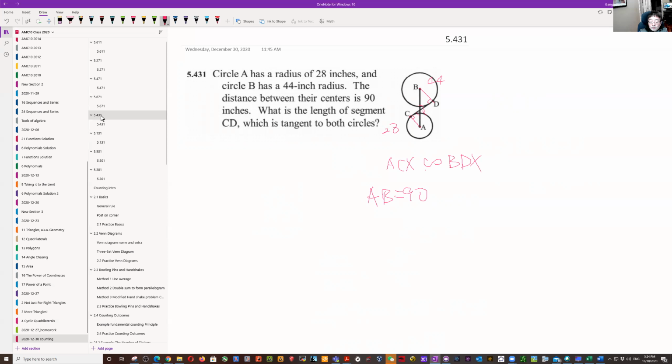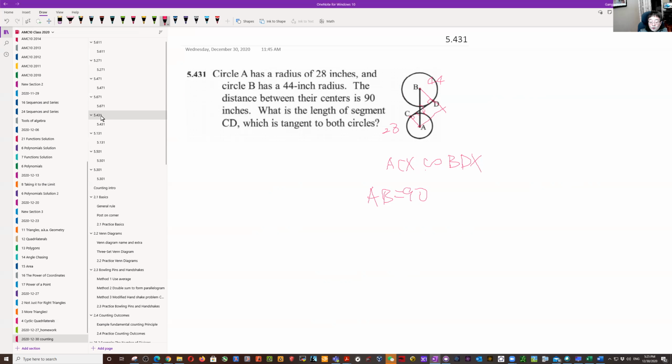What we can do is extend this radius and also draw a parallel line, which makes a rectangle here.